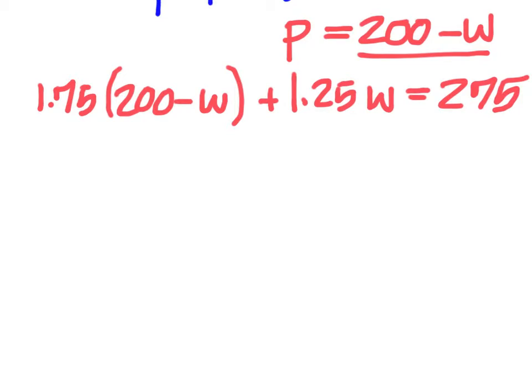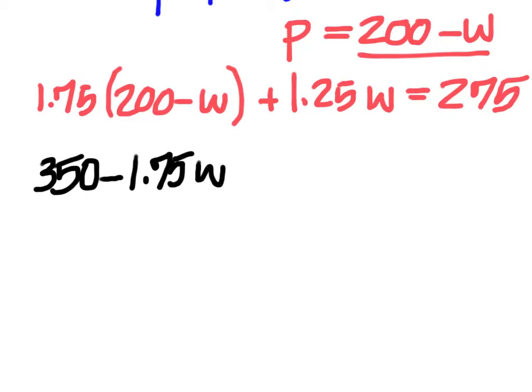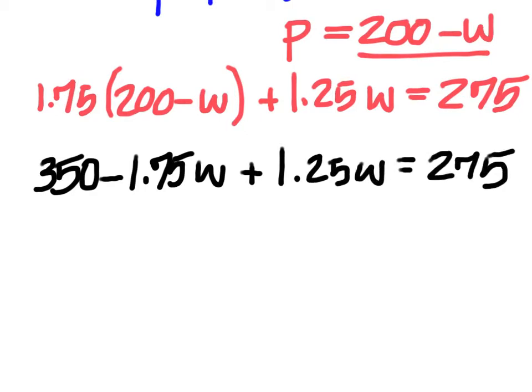So $1.75 times 200 would give me $350. And then minus $1.75 W, plus $1.25 W equals 275. Simplify like terms. We have a negative 1.75 plus $1.25.